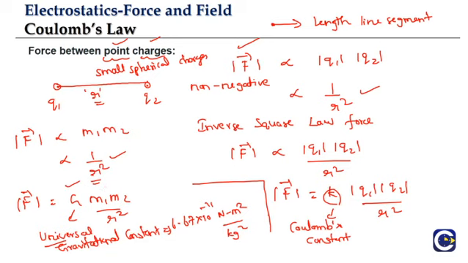Whereas we will see after some time that this K, Coulomb's constant, depends upon the properties of the medium, meaning in which medium these two charges are kept. So the medium is going to determine the value of K. Hence Coulomb's constant will not be a universal constant. So this is the Coulomb's law expression for the electrostatic force between two point charges.